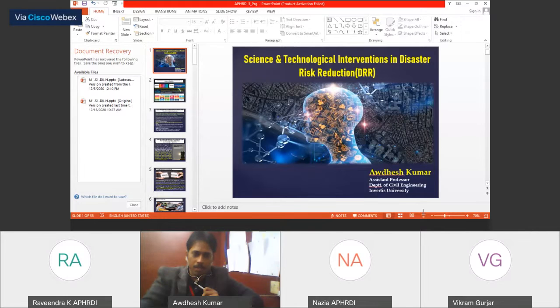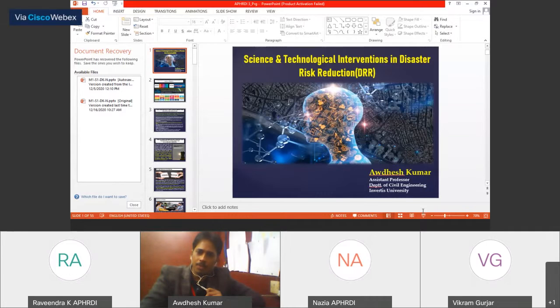So, as the previous speakers talked about, they discussed the various international frameworks. The previous speaker Shri Ashish described the answer related to the Sendai framework. These were the 2005 Hyogo framework, and then after 2015, with 7 goals, the Sendai Framework of Disaster Risk Reduction (SFDRR) was introduced in the world.